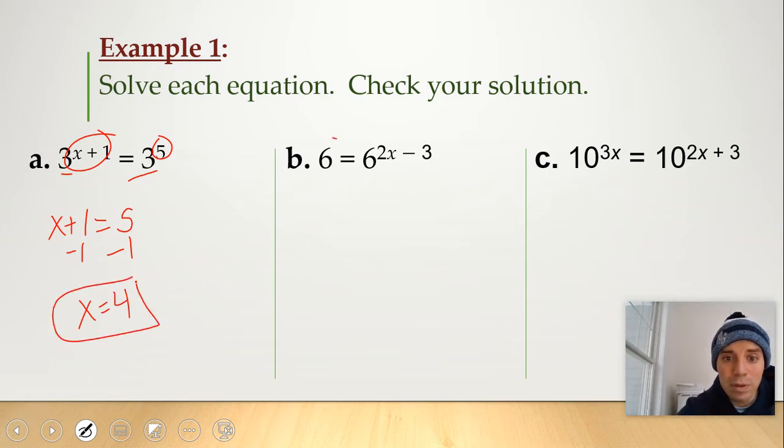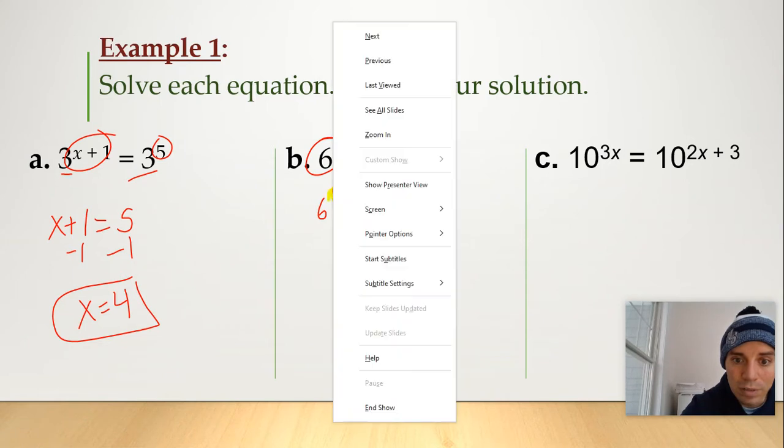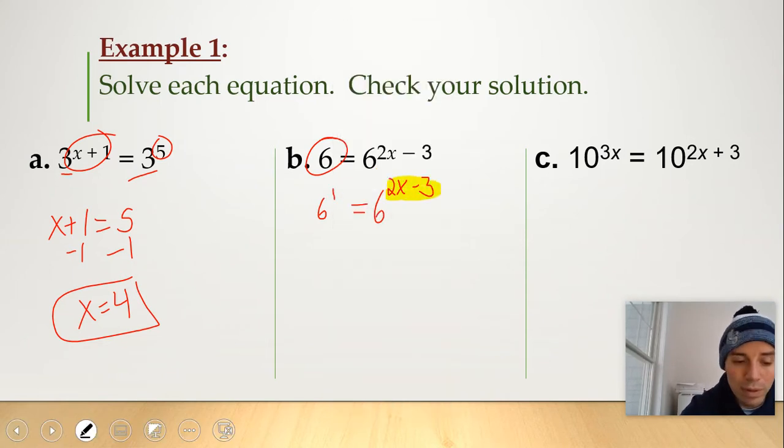In our next example, you'll notice that there's no exponent written with that 6, but we know it's really raised to the first power. So we're going to rewrite it as 6 to the first is equal to 6 to the 2x minus 3. Again, we set our exponents equal to one another. So I'm going to set 1 equal to 2x minus 3, and then I'm going to solve from there.